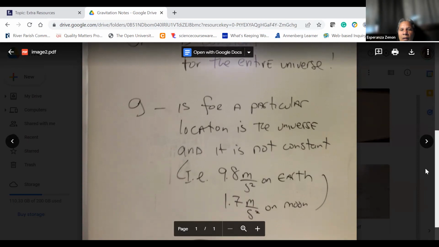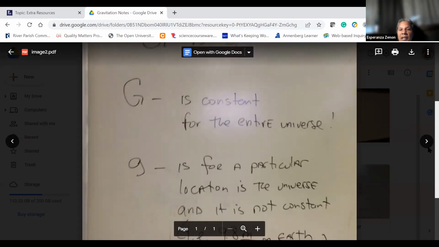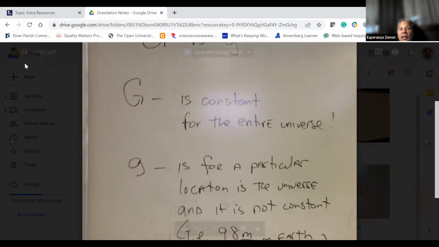So it's not constant. In fact, for example, on Earth, little g is 9.8 meters per second squared. But on the moon, it's only 1.7 meters per second squared. So little g can change, but big G is the same whether you're on the moon, the Earth, or anywhere else. Okay? So you have to remember that there is an important distinction between the two, and not make the mistake of putting little g in the formula.